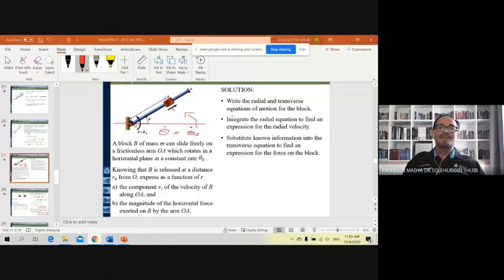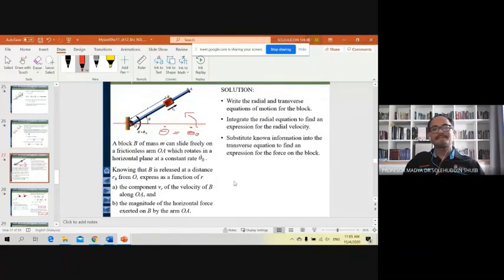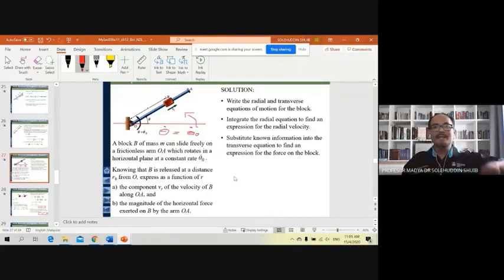Our strategy to solve this problem is as follows. First, write the radial and transverse equations of motion of the block.